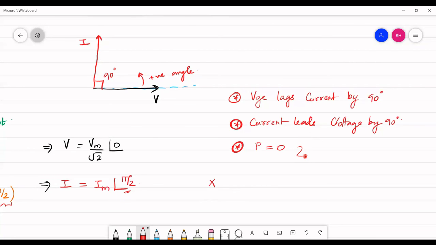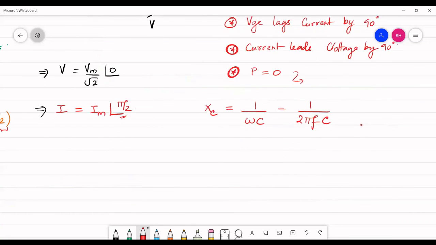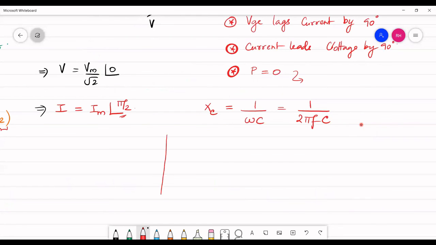Also, we introduced a term Xc, where Xc is equal to 1 by omega C. Xc is known as the capacitive reactance, 1 divided by 2 pi f C. And if we plot the variation of Xc with respect to frequency, it is hyperbolic. Thank you.